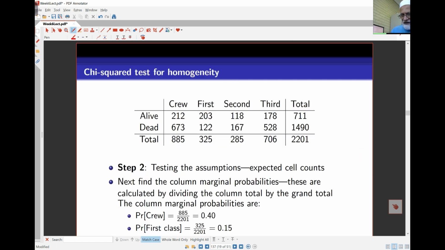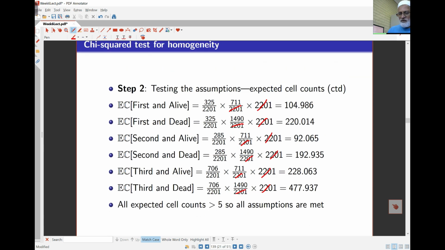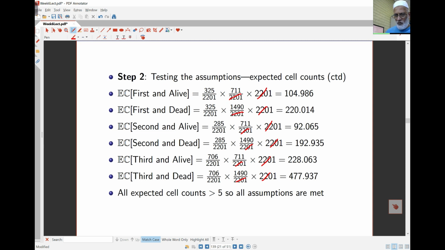I'm going to have the row total times the column total, divided by the grand total. So it's 711 times 325 over 2201. You can look at all those calculations in the same way. Now, for all the cell counts here, we said the expected number should be bigger than 5, and they're all much bigger than 5. So that last assumption is okay.